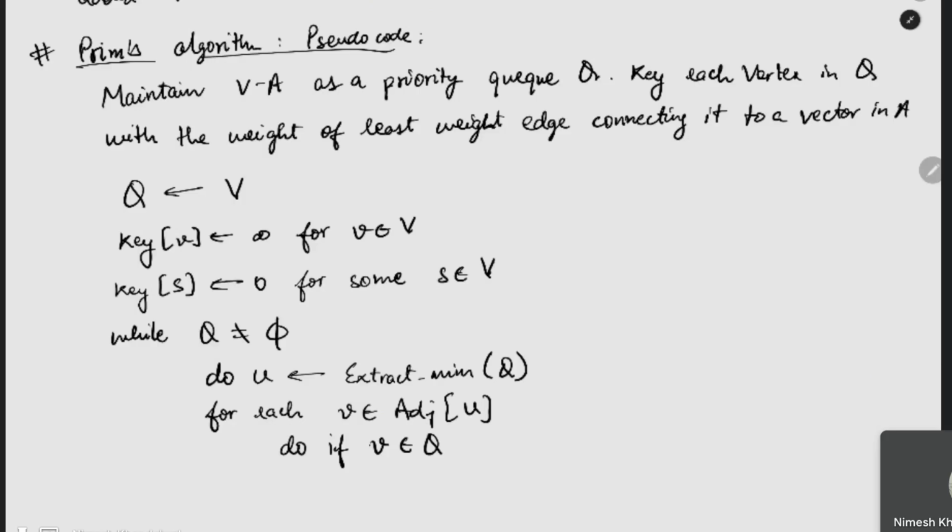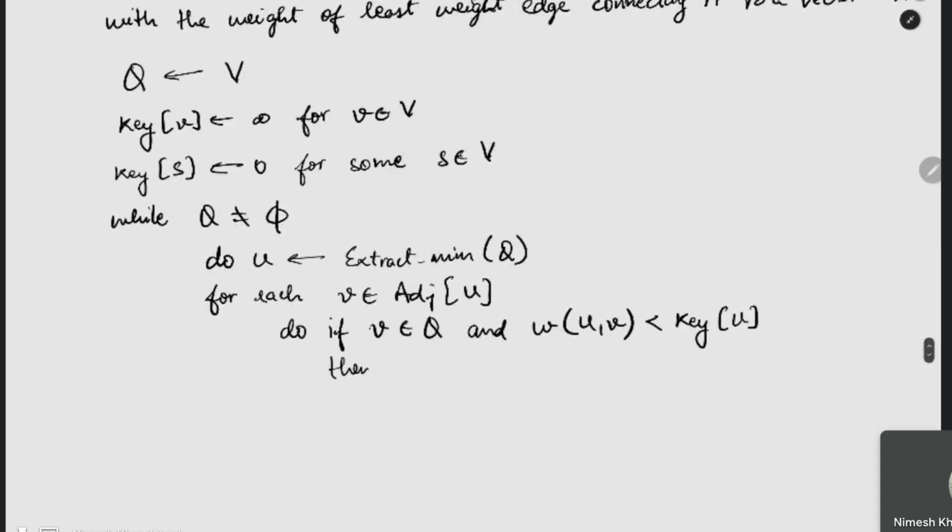If it is not in the priority list, then it has been visited, and the weight between U and V is less than the current key of U, right?